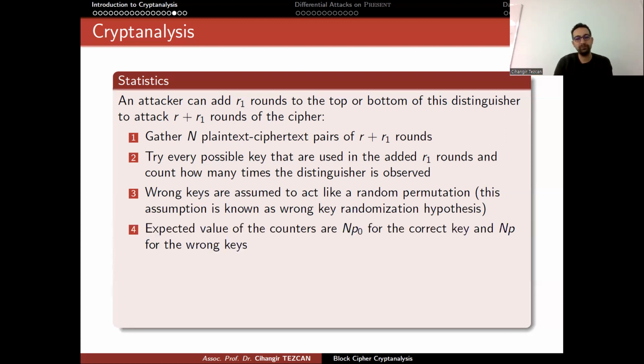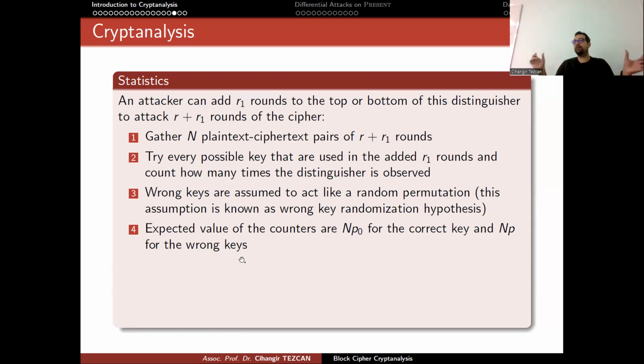Okay. So the expected values of the counters are n times P0 for the correct key, because the probability of observing the distinguisher is P0, and we will try n plaintext-ciphertext pairs. So the expected value, this is a binomial distribution, becomes n times P0 for the correct key. And due to this hypothesis, there will be n times P for the wrong key.